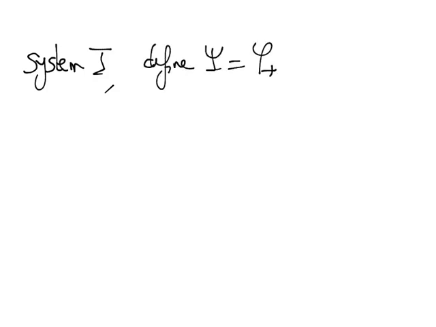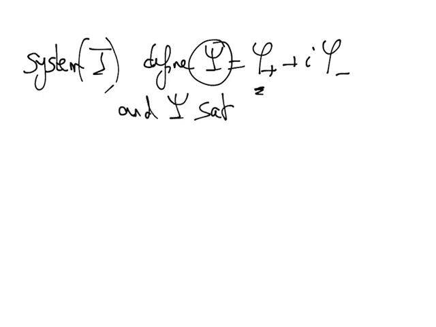If you assume that system 1 is satisfied for phi, then I define a new spinor psi to be phi plus i phi minus, and psi satisfies system 2.